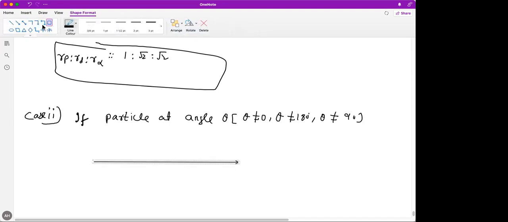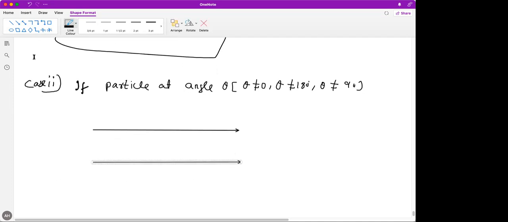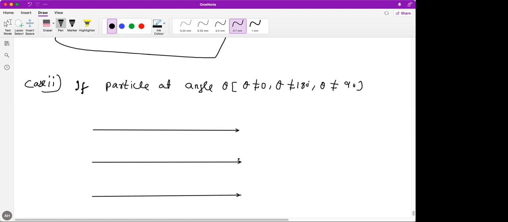This is the direction of the magnetic field.